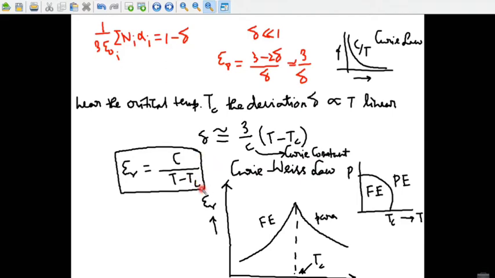This indicates that the dielectric constant follows the Curie-Weiss law, and this figure shows the dependence of the dielectric constant on temperature in a ferroelectric crystal, followed by a para-ferro transition at the Curie temperature. So this is the phase transition over T, and this is the dielectric behavior where the real part of the dielectric constant shows a large divergence near the critical temperature.